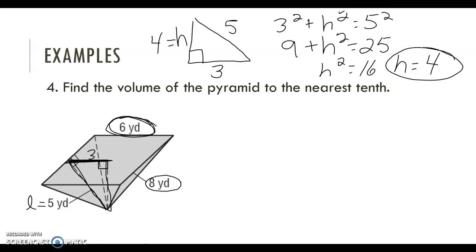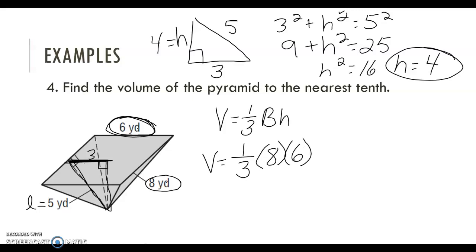So now we should have enough information for our volume. 1/3 base area height. 1/3. When we're calculating the base area here, since it's a rectangle, rectangle is just length times width. So that's just going to be 6 times 8. Doesn't matter the order there. And then times that height that we found, and that's 4.